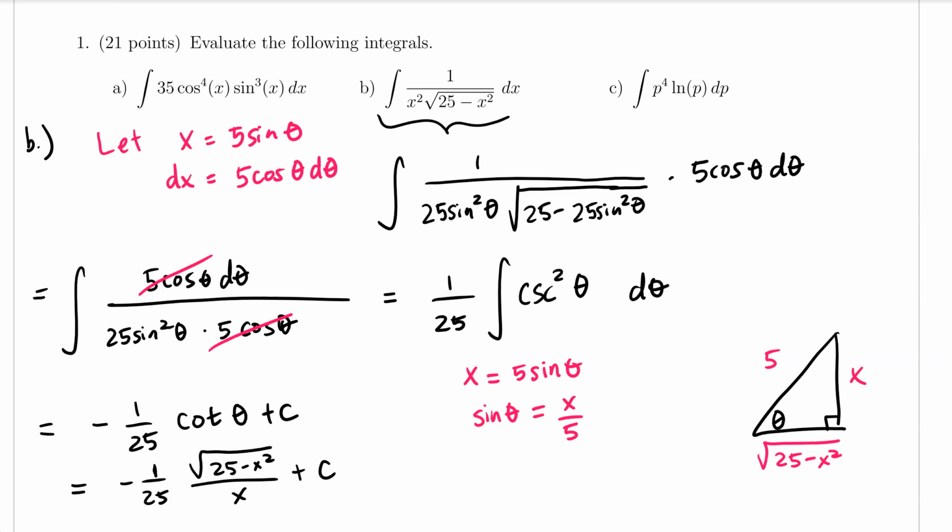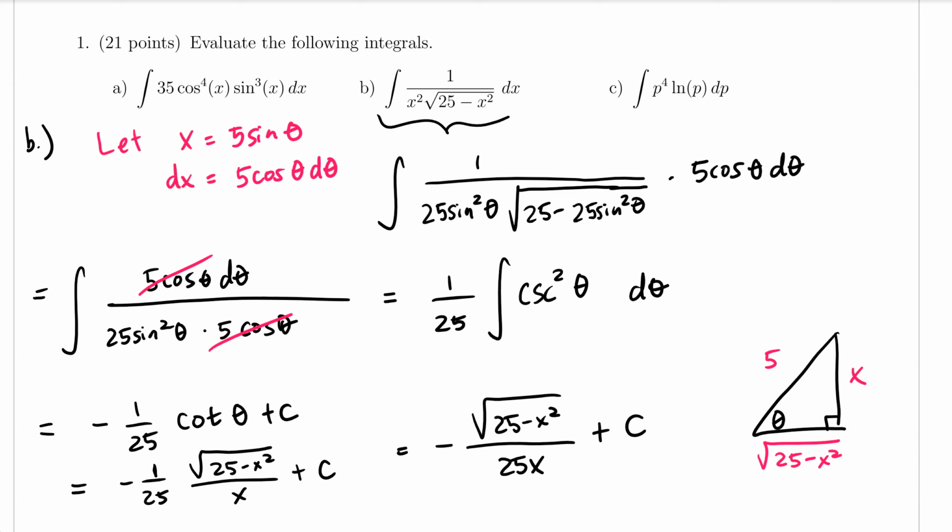And maybe I'll just combine that into a single fraction. So we have equals negative the square root of 25 minus x squared over 25x plus c. So here is our final answer.